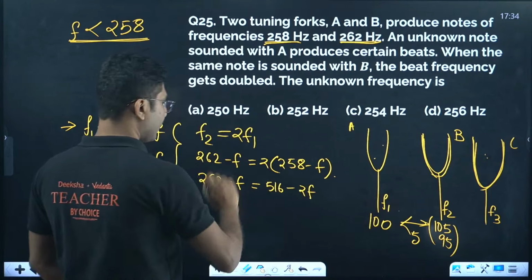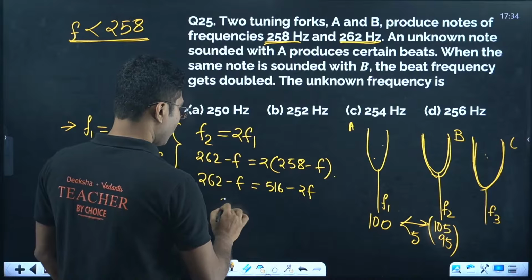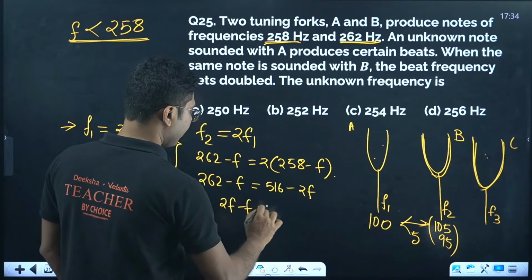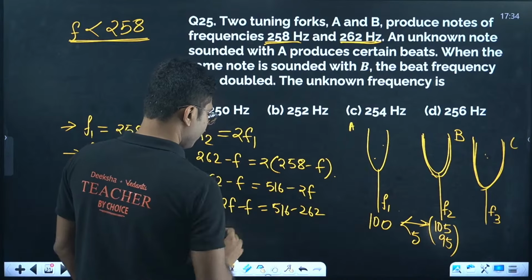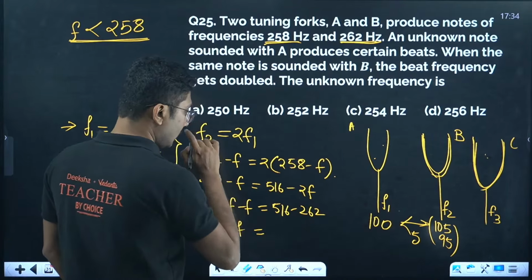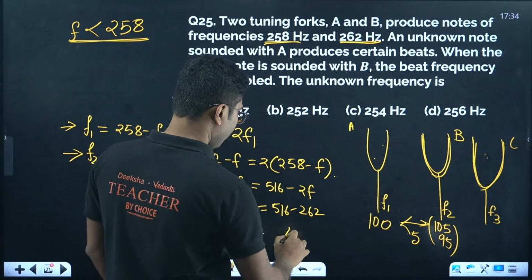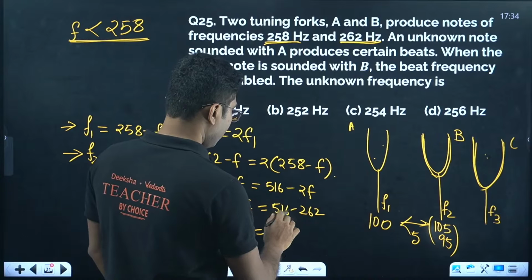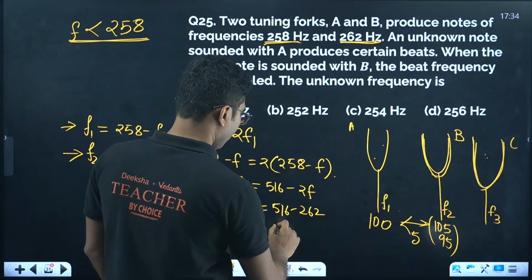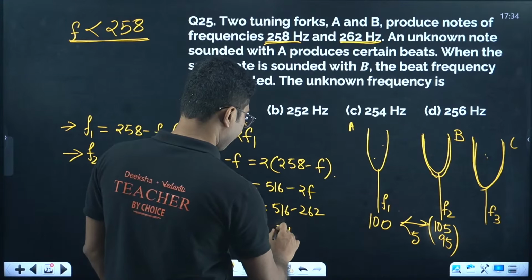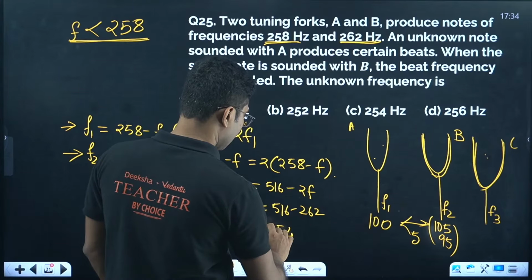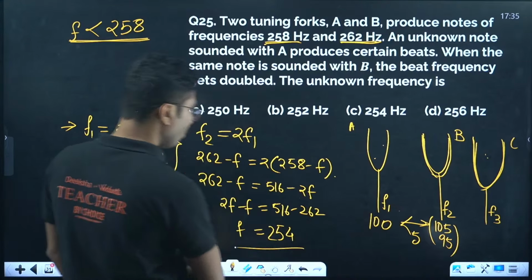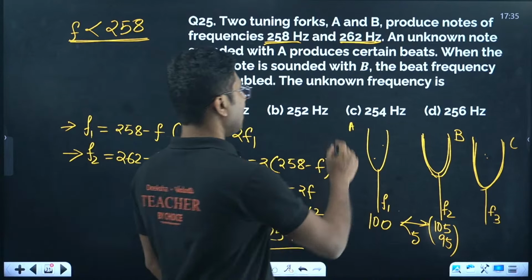So this comes over there, this goes over there, so we get 2F minus F equals 516 minus 262. So F equals 254. So 254 Hertz is the answer.